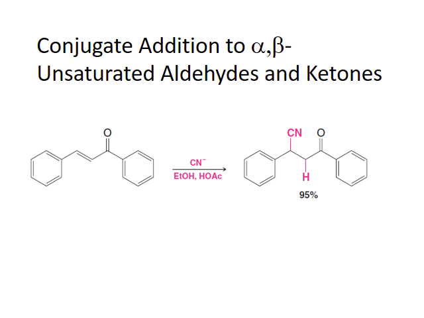If the nucleophile is weak, such as cyanide or enolate of the aldehyde or ketone, then the nucleophile adds to the beta carbon.